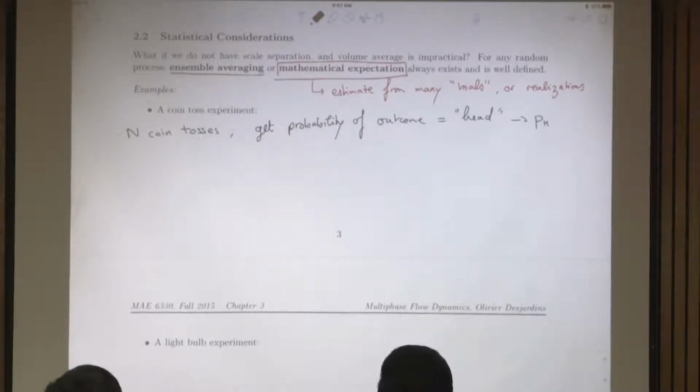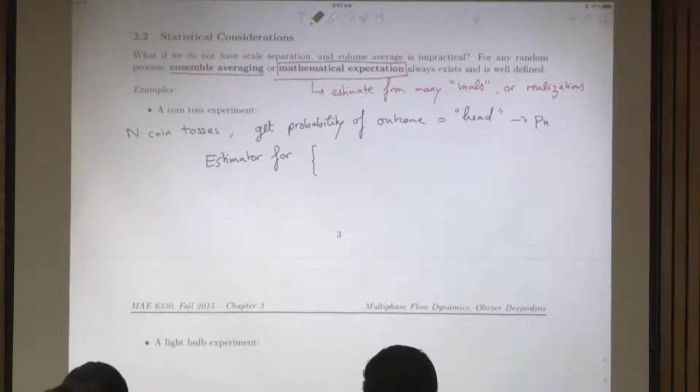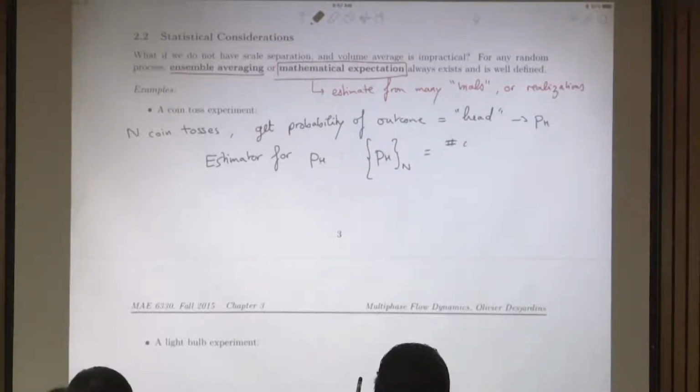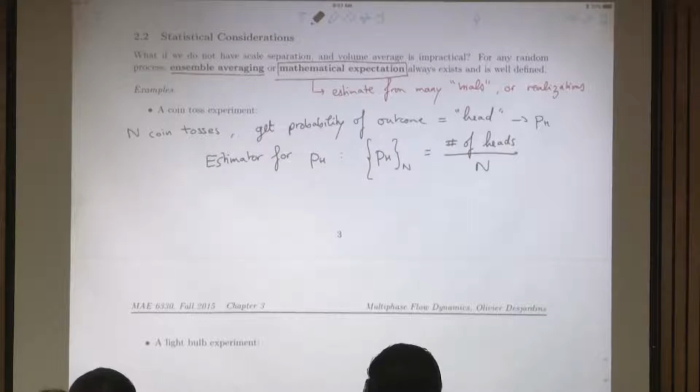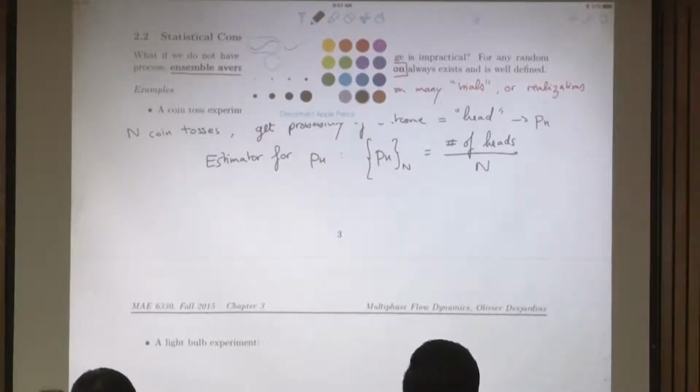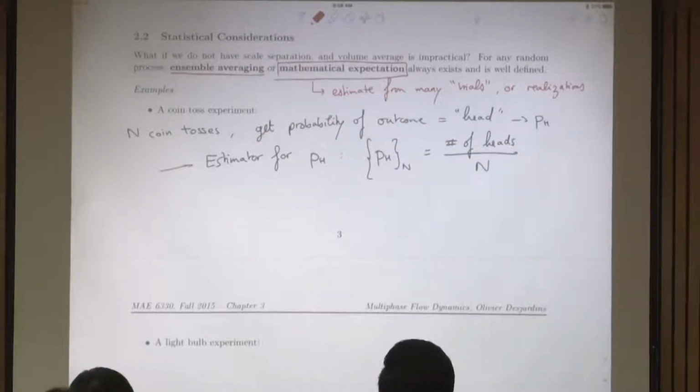Now I can build an estimator for P sub h, and this is going to be the number of times I've obtained the outcome head over n, and this is my very standard ensemble averaging.